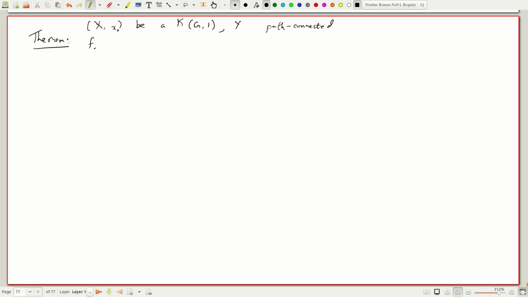Now suppose we have f, g, both of them map y and some point y0 to X, x0. And suppose we know that f star equals g star as maps on fundamental group.